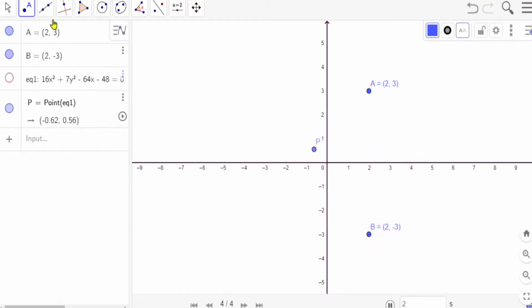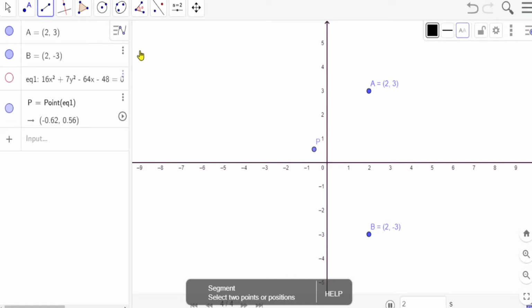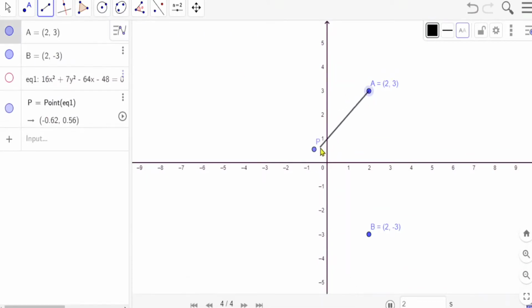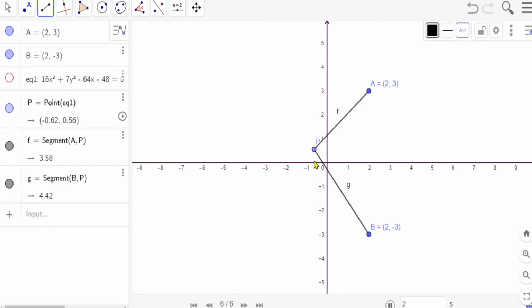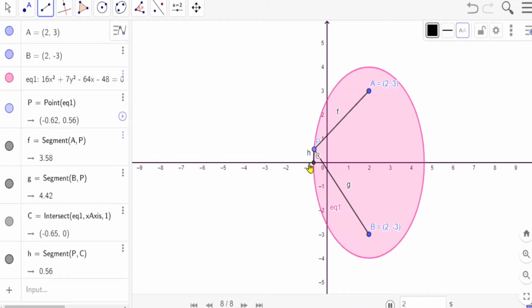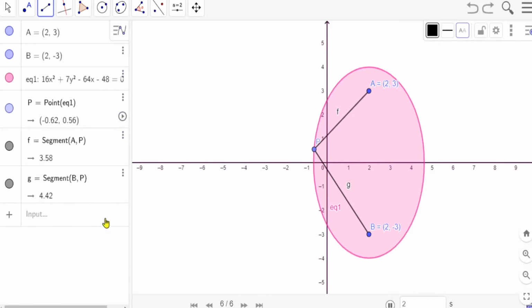Now AP, next BP. Okay friends, now you see what is AP plus BP? 4.42 plus 3.58 is what? 8. Now suppose P is moving, what will happen?